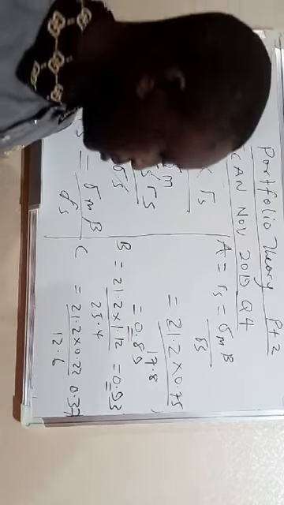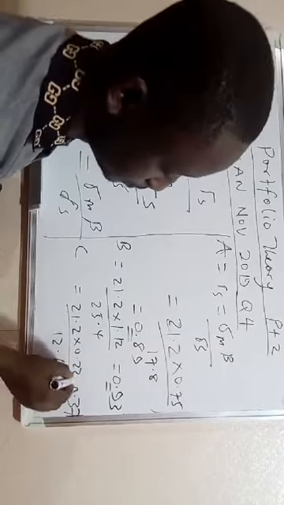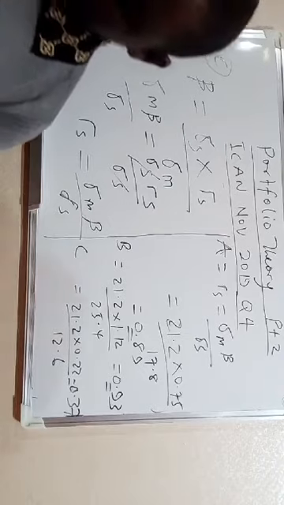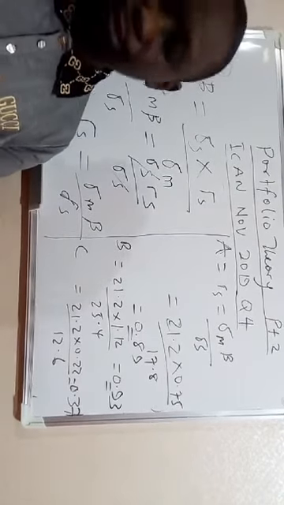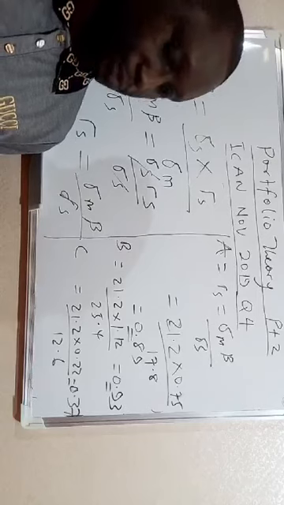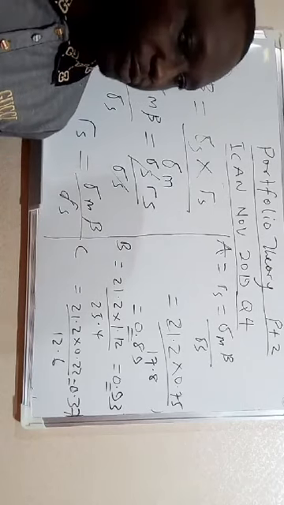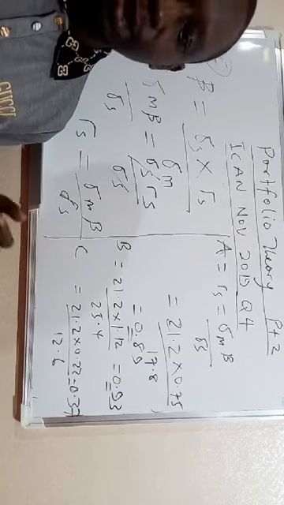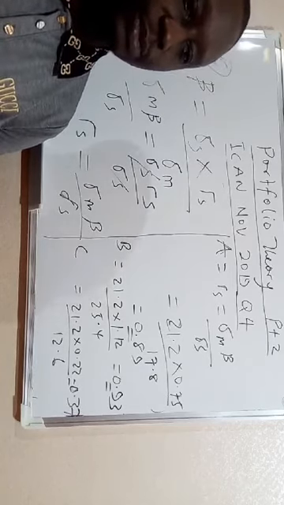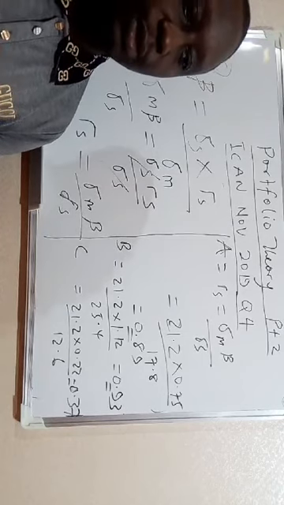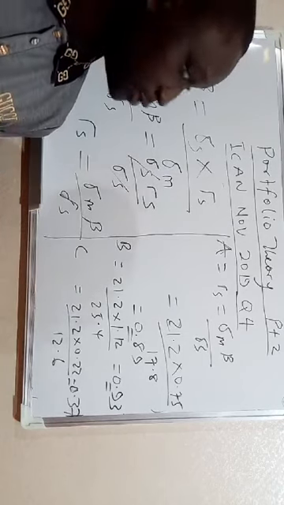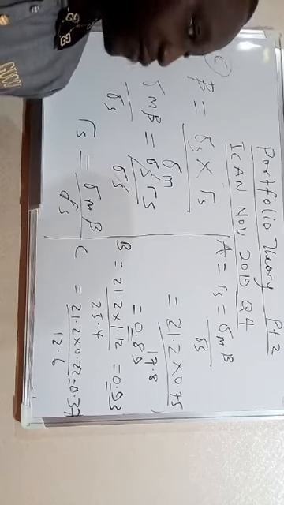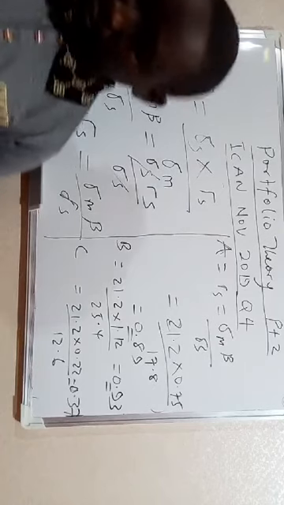So this is the modality for answering questions concerning portfolio theory: the alpha value, the standard deviation, the variance, and the other theoretical aspects, which are security market line, capital market line, and the explanation of what a portfolio is and what a security is. Thank you very much. See you in the next video. God bless.